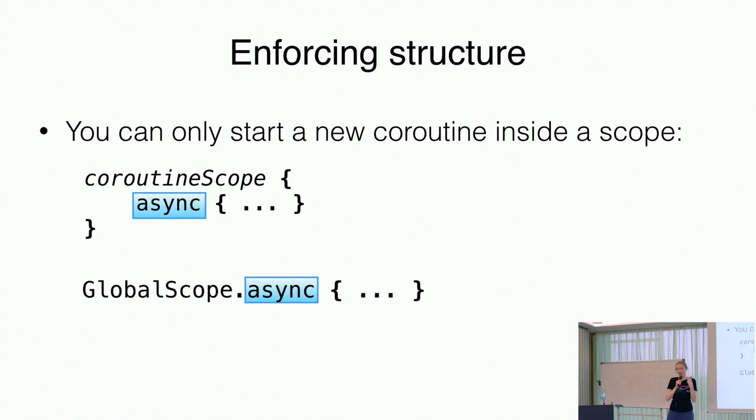Right now, in the current version of the library, you can start a new coroutine only inside a scope, either explicitly inside the scope or inside the global scope, but this is not recommended. Use the global scope only for a major, top-level coroutine, but in general, use scopes.